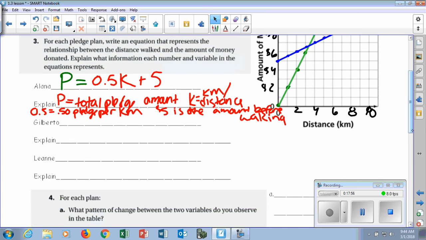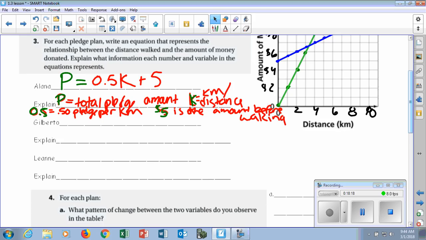So P is my pledge, total amount for pledge. My K is kilometers or distance. My 0.5 is the 50 cents pledge per kilometer. And my $5 is the amount before I even start walking. Now with your face partners, I want you to do the same thing for Gilberto and Leanne.